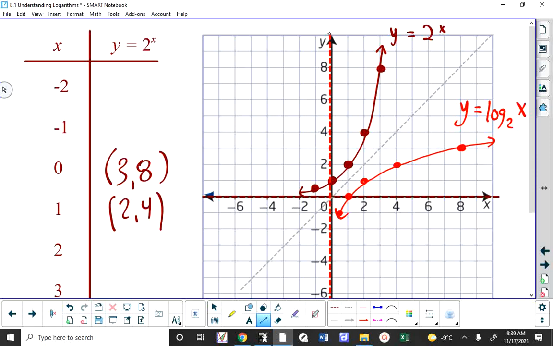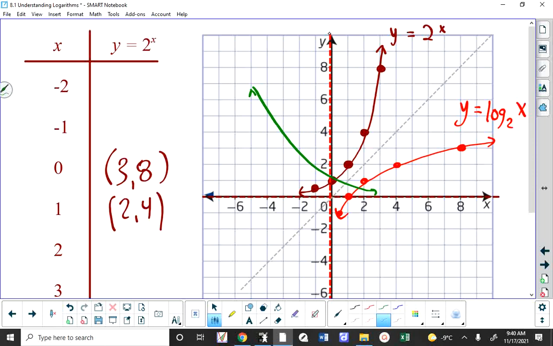Here's what it looks like. I would much rather take a moment and sketch y equals 3 to the x and swap out some points to get a good picture. Because if the base is between 0 and 1, please don't draw this, but if the base is between 0 and 1, your exponential function will look like this.